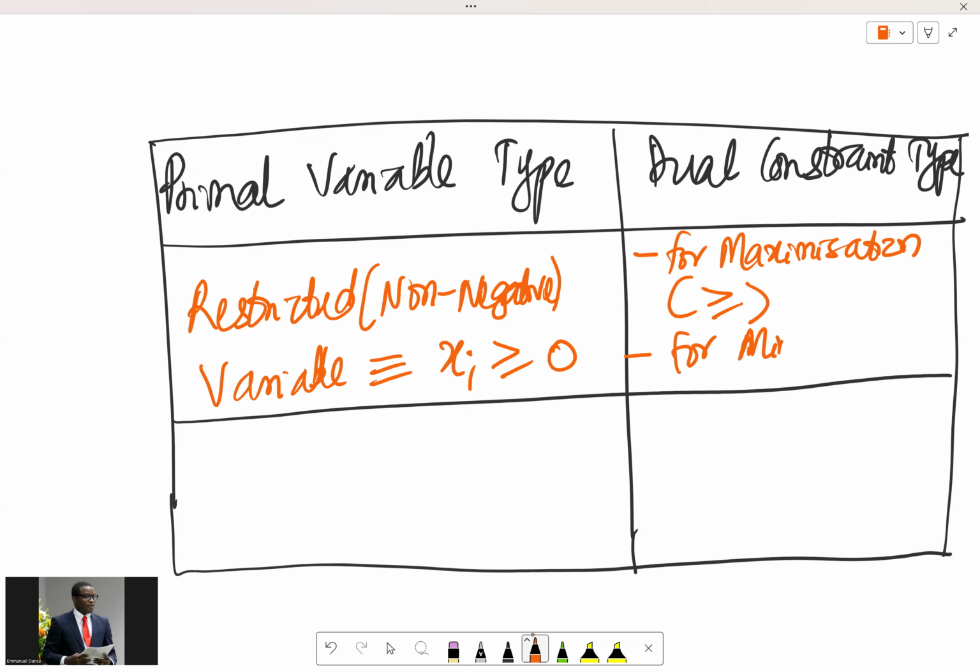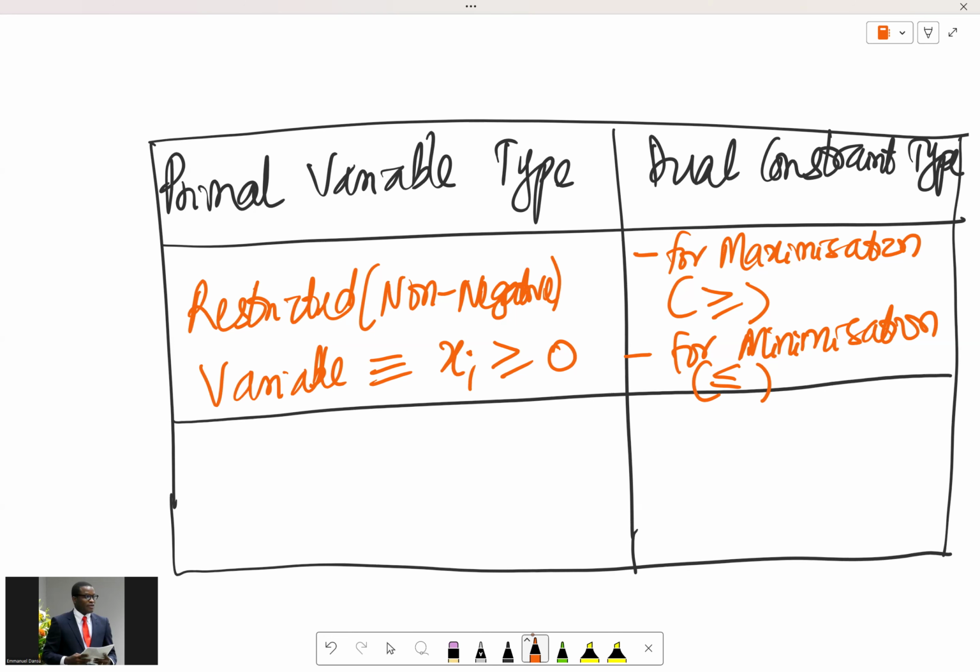For minimization, the constraint type will be less than or equal to. So if the variable is non-negative and the primal is a maximization problem, then the dual constraint is going to be greater than or equal to.